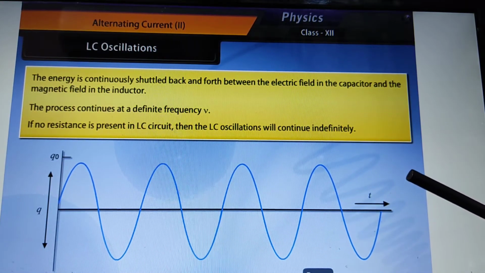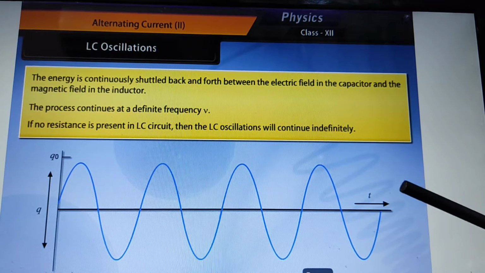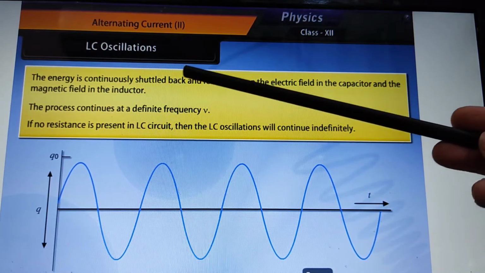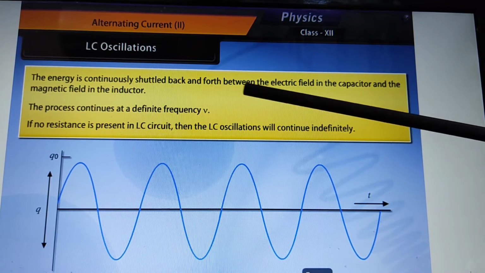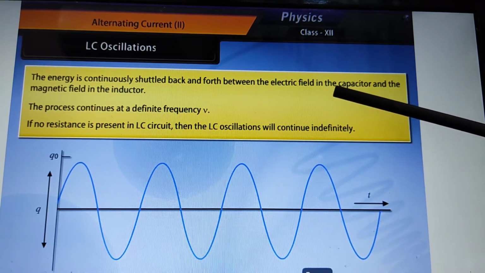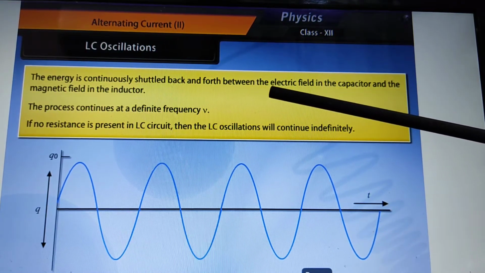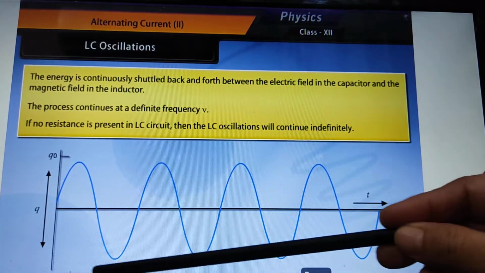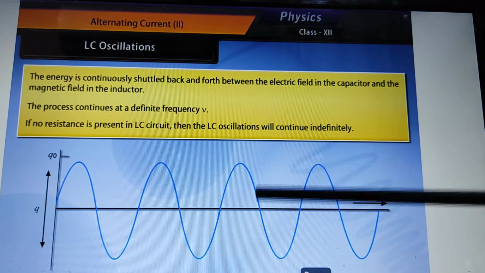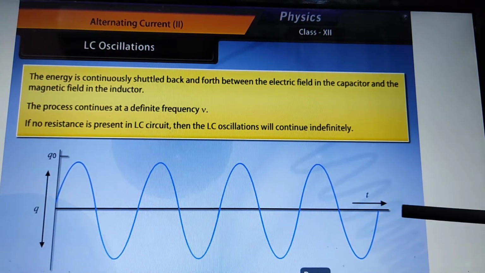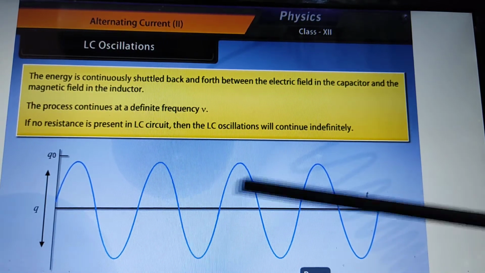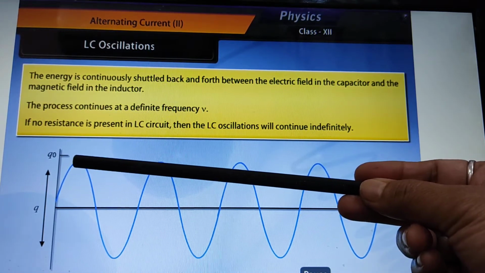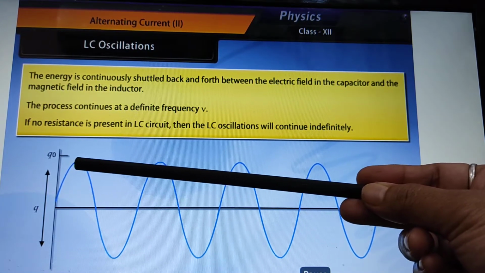So ideally the LC oscillator, if there is no resistance, the energy continuously shuttles back and forth between the electric field in a capacitor and the magnetic field in an inductor, and we are getting a graph like a simple harmonic motion with respect to time t, and this is the maximum peak of the current at the time of the capacitor.